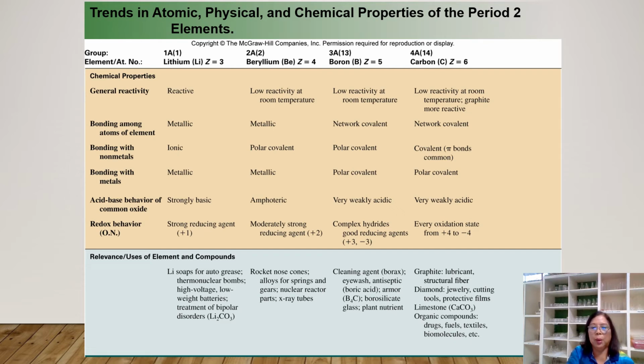And then, of course, carbon is used to prepare the different organic compounds used in the medical world, especially now. The expensive fuels and our basic clothing are also under period 2 because of the element carbon.